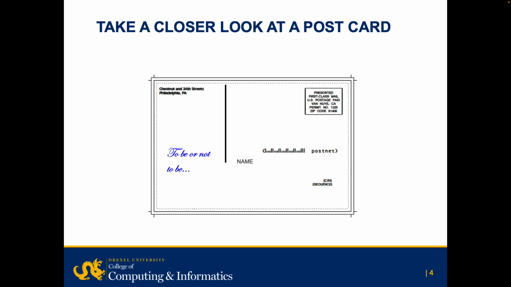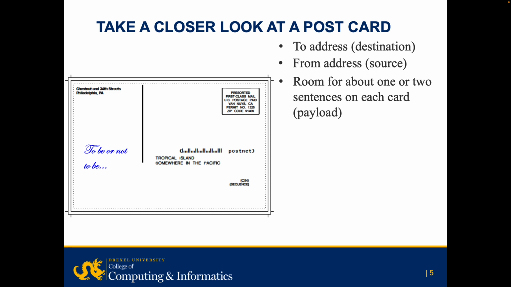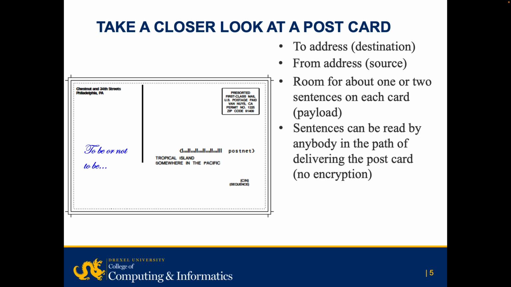Then there's the content of that particular chunk or section of your novel, the payload, one or two sentences on each card. Those sentences can be read by anyone. Assuming there's no encryption, a postcard is open text.